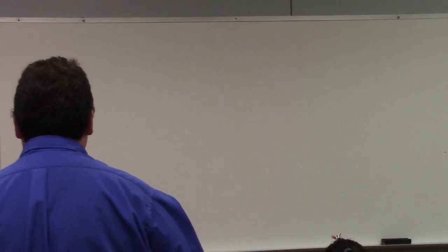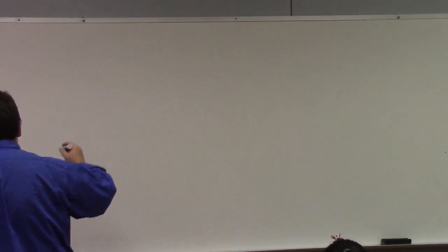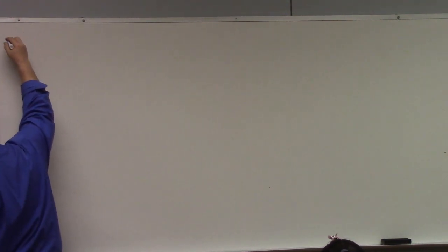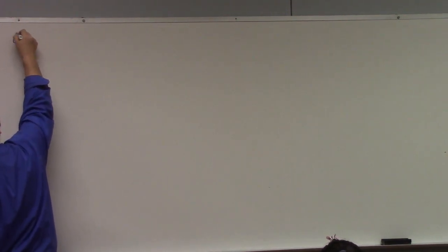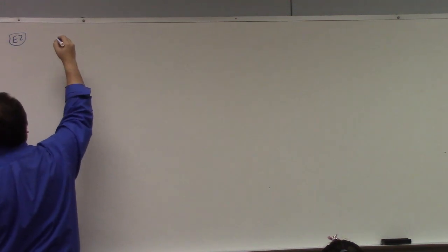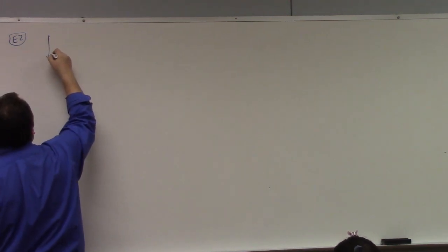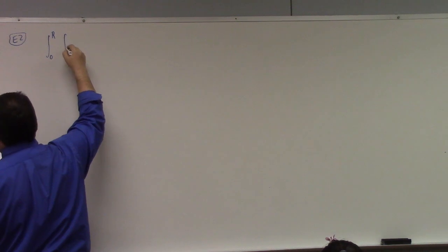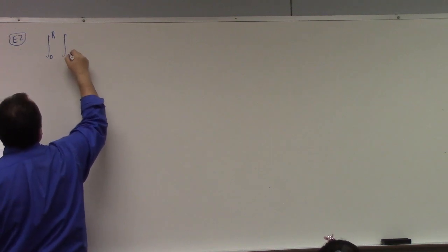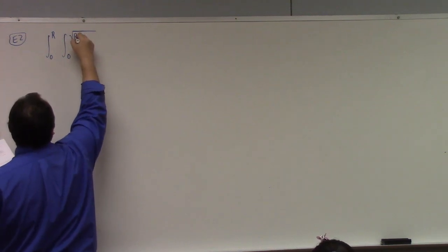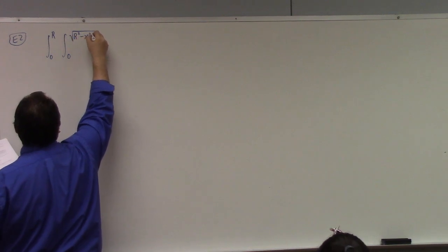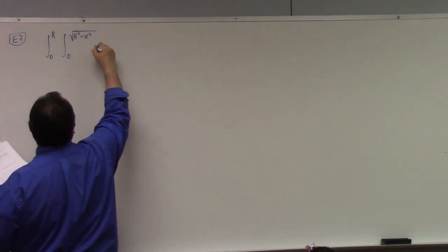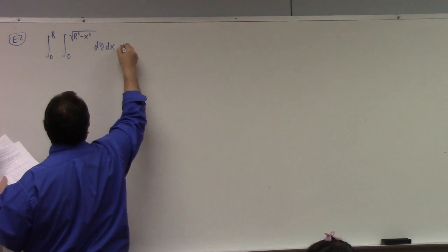So here's one. Example 2. Suppose you're asked to integrate 0 to r, integrate 0 to the square root of r squared minus x squared, and then we'll go dy dx. How do we calculate this integral?